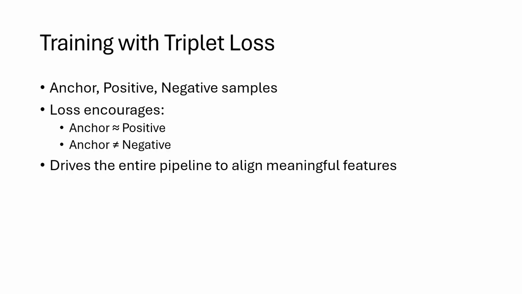If they're both the same, but maybe the backgrounds are different, or maybe I have a beard in one picture, no beard in another, then it would be in the positive space. However, if it's a totally different person, then it would be a negative value. So this drives our entire pipeline to make sure that the facial recognition model aligns meaningful features.